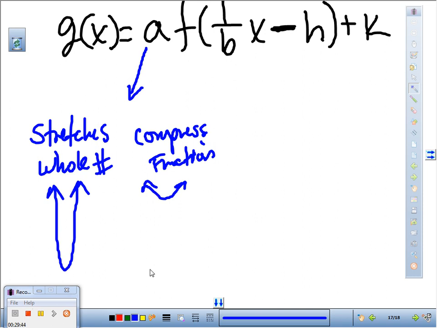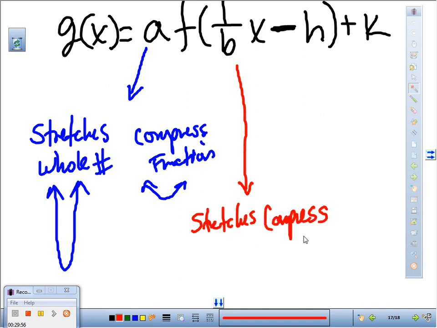I'm going to go to red now. Whenever we substitute values here for b, it either stretches or compresses. You're like, wait a minute, Mr. Q, didn't we say that before? Yeah, but this one does it horizontally. It either stretches like this or compresses like this.